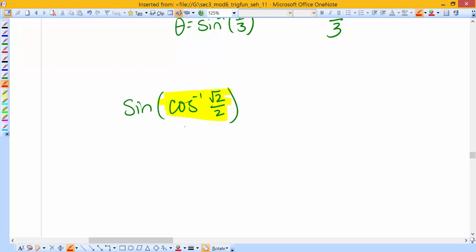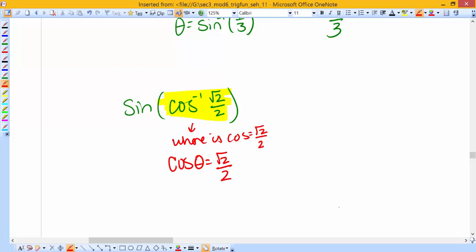Cosine inverse, the question is, where is cosine root 2 over 2? You want to find theta. So this is written as cosine of theta equals root 2 over 2.